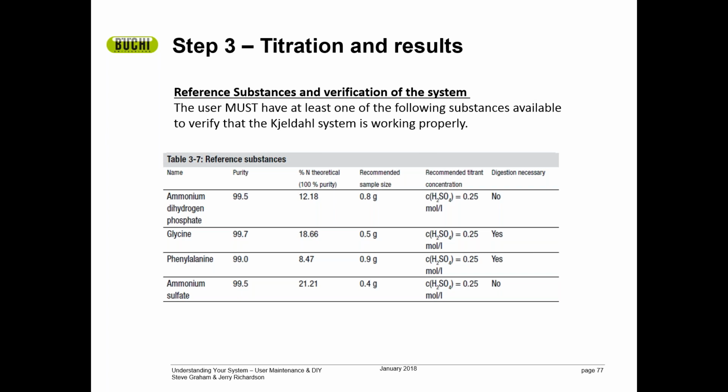That does not need to be digested. We simply put it in the tube, add some water, and then run the ammonia on it, and we should get a verified percentage of ammonia, and we're going to compare that later so that we can verify the system is running correctly.